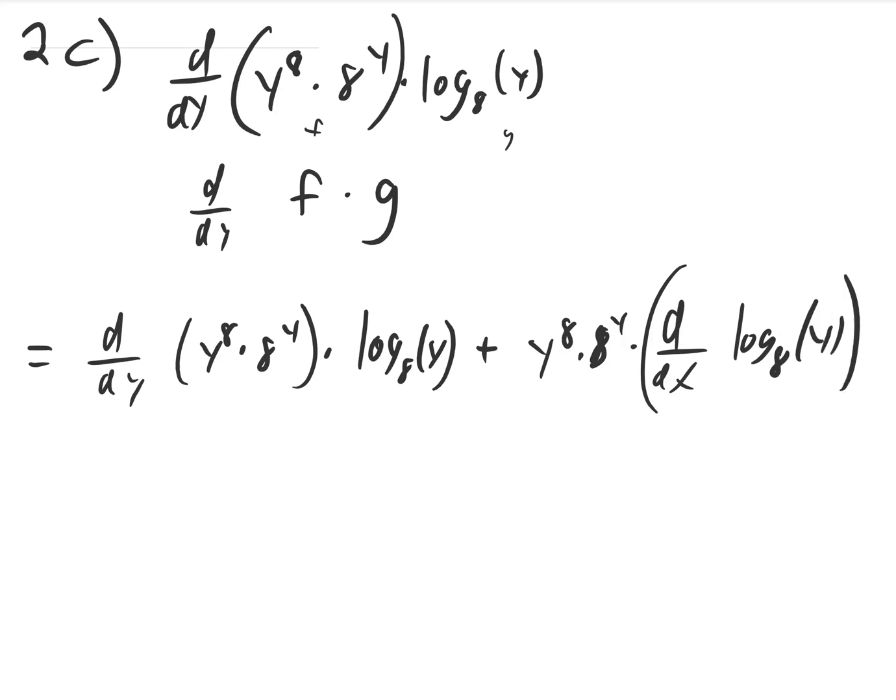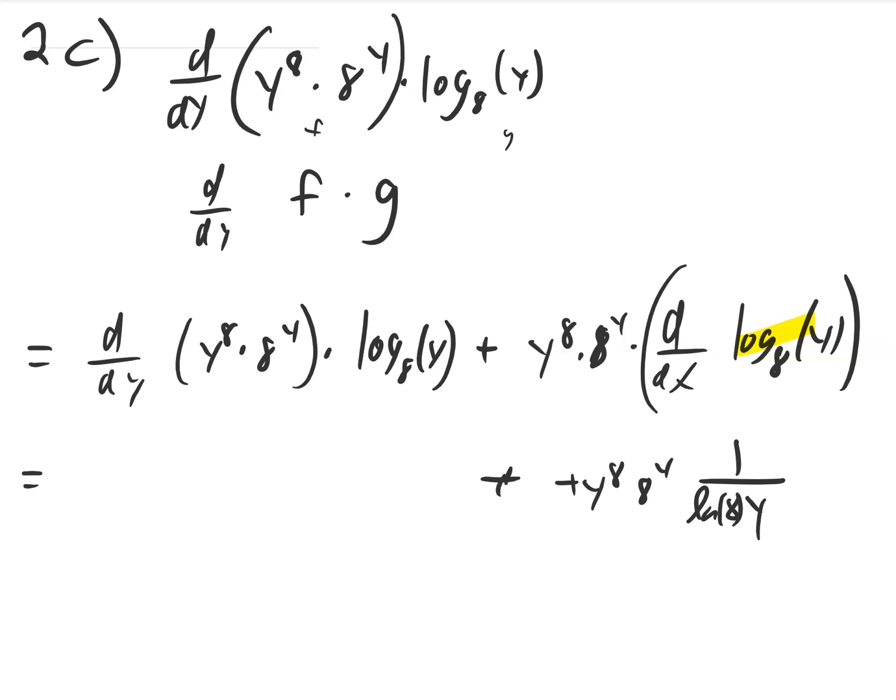Okay. Well, one of these derivatives is easy. So we have plus y to the 8, 8 to the y, and then this turns into, it's almost just 1 over y, but we have natural log of 8.